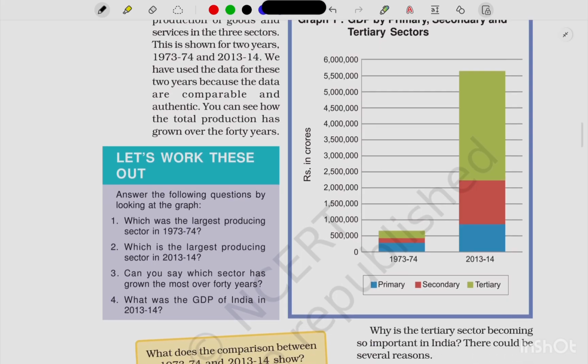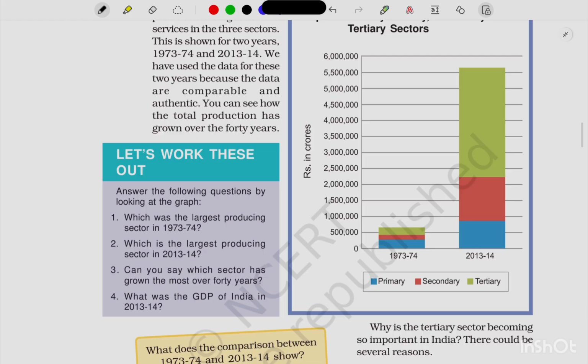Yep. Answer the following questions by looking at the graph. Which sector was the largest producing sector in 1973 to 74? Primary. Which is the largest producing sector in 2013 to 14? Tertiary. Can you say which sector has grown the most over the 40 years?